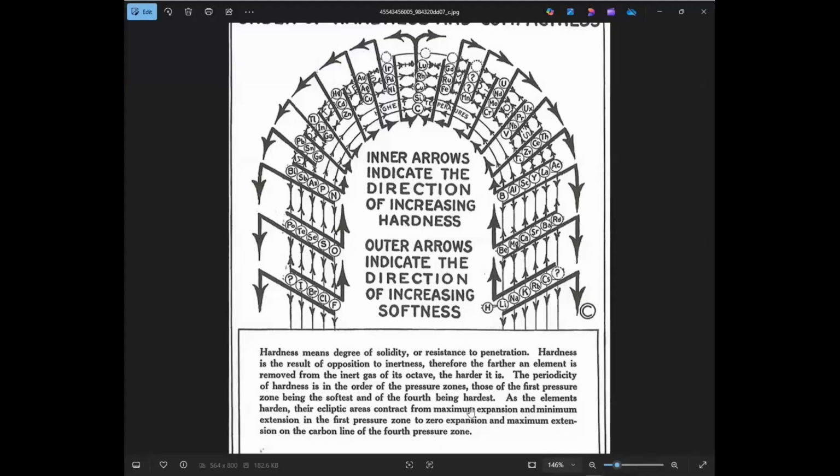I'll read it here now and we'll read it again later. But basically it says, as the elements harden, their ecliptic areas contract from maximum expansion and minimum extension in the first pressure zone to zero expansion and maximum extension on the carbon line of the fourth pressure zone.